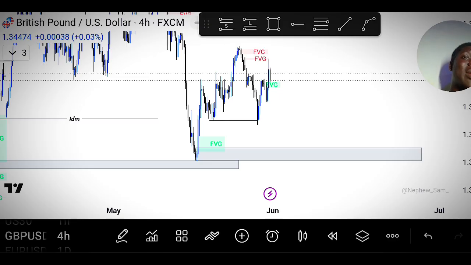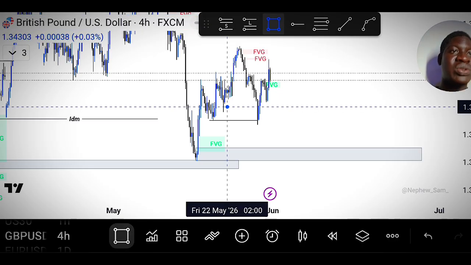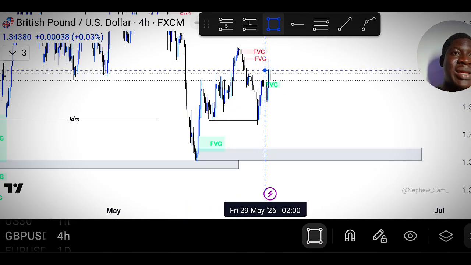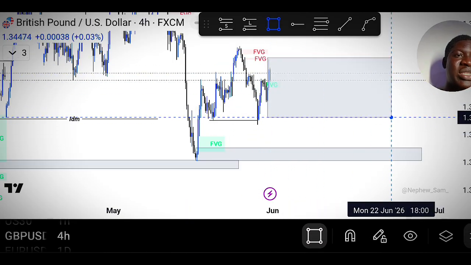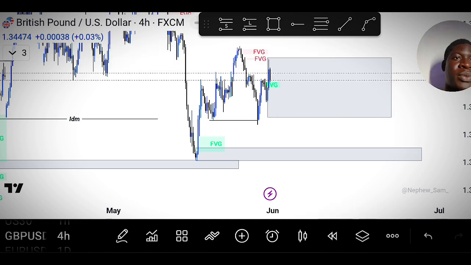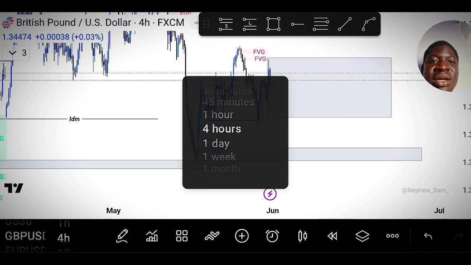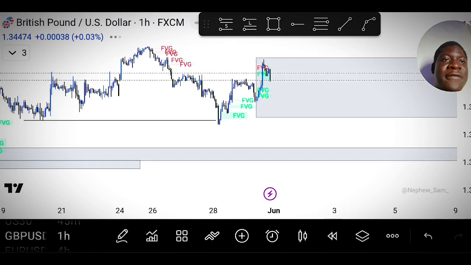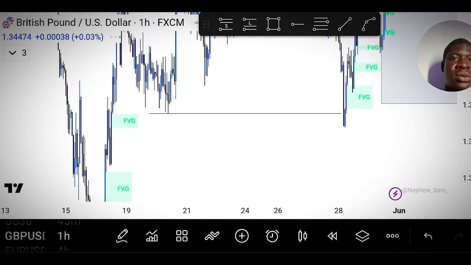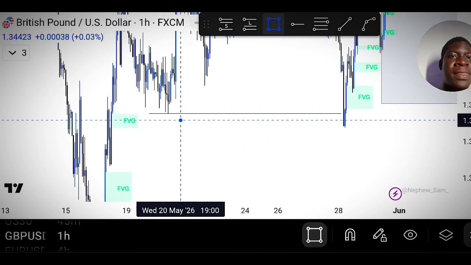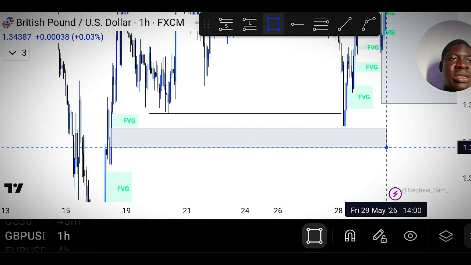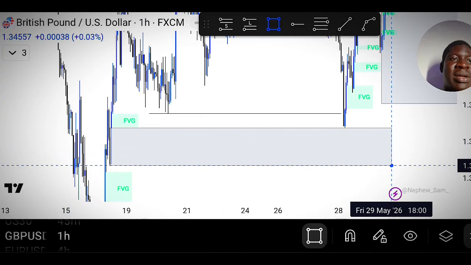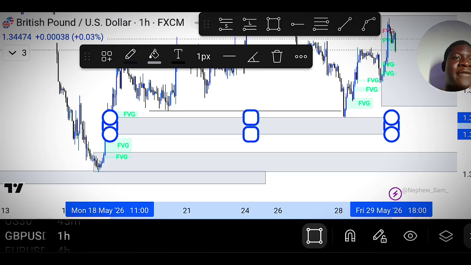But before we do anything, let's move to the 1 hour time frame and see where this market reacted to. So on this 1 hour time frame, for me I can see an order block. The market reacted to this order block on the 1 hour time frame.